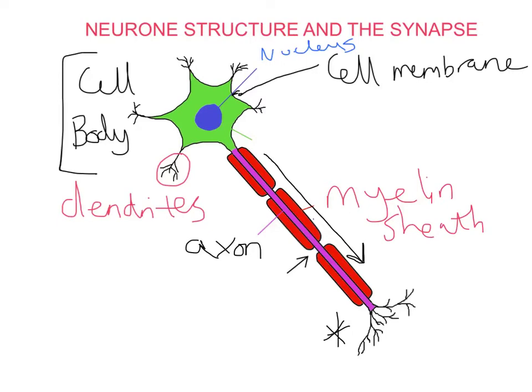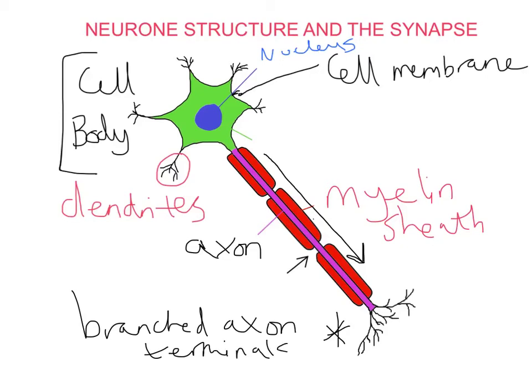So these endings are actually called the branched axon terminals. Okay, so there's our basic structure of a nerve cell.